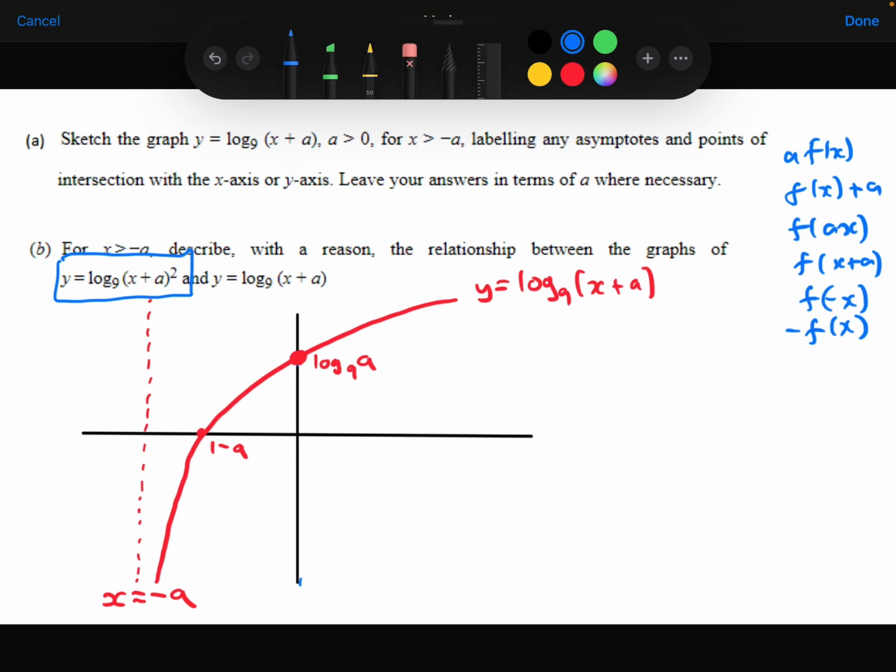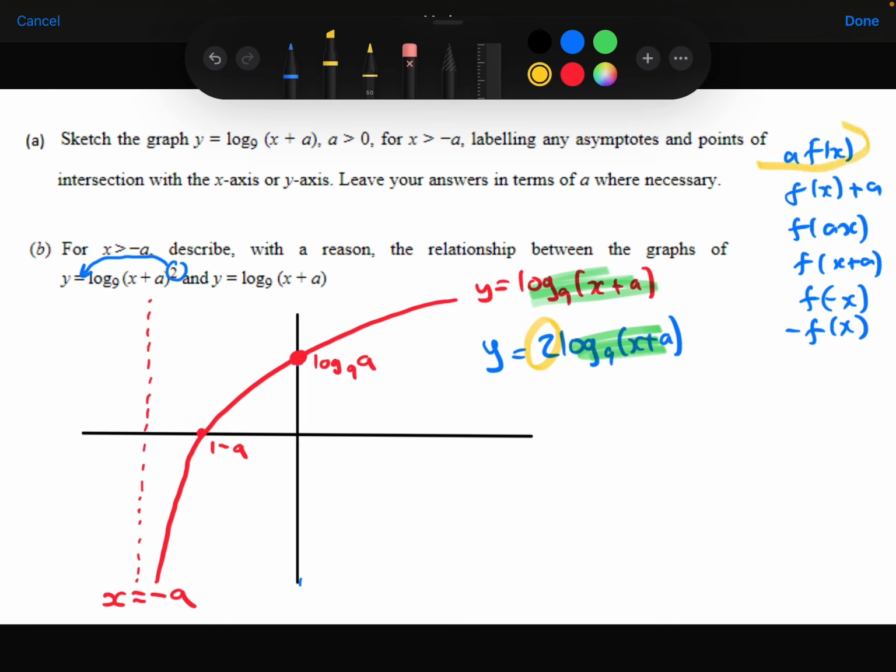Because it is a logarithm, and we know about laws of logarithms. So that squared, that power there, I can take that and move it to the front to get 2 log base 9 of x plus a. And now I can see that this is the same graph that we had before, just times by 2. So it's a transformation like this, where we are multiplying the y coordinates by 2.